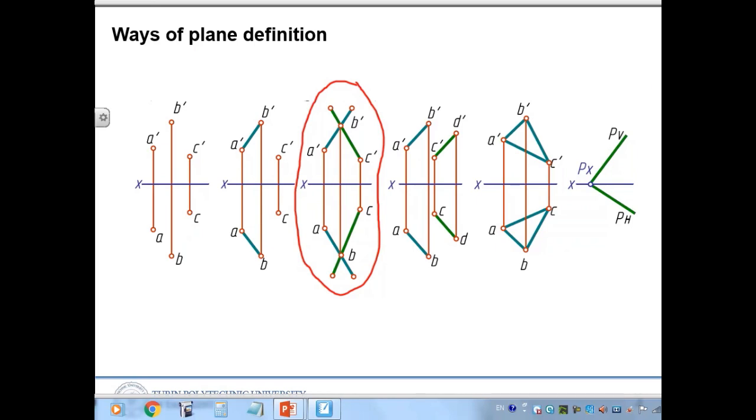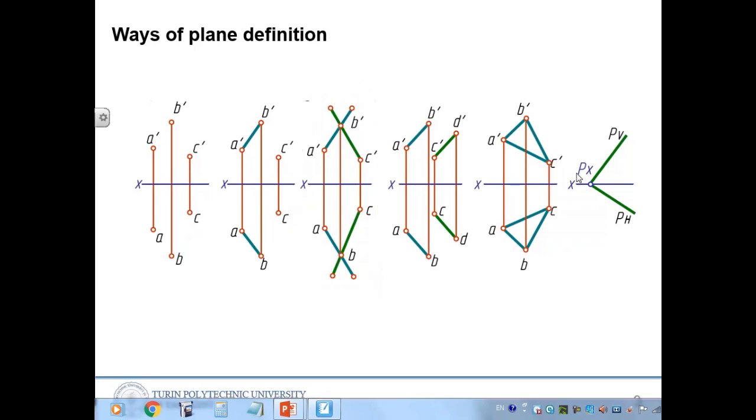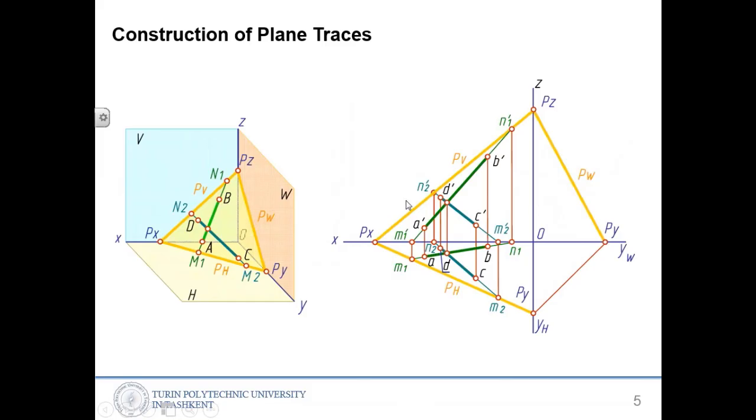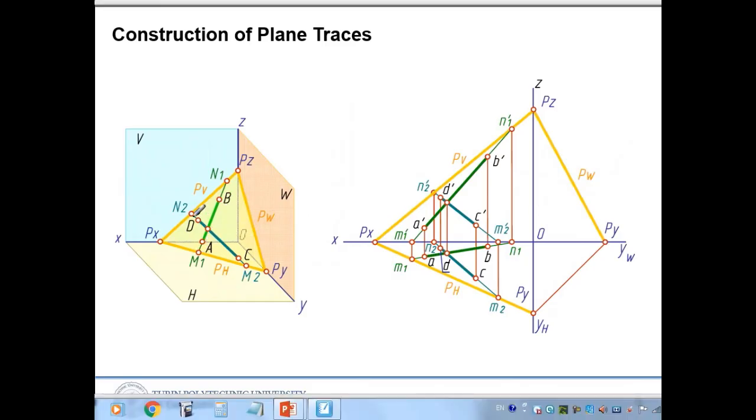It's given in this slide. The question is: these two intersected lines AB and DC are given, and how do we find these yellow traces, PV, PW, and PH? We don't have the 3D view.